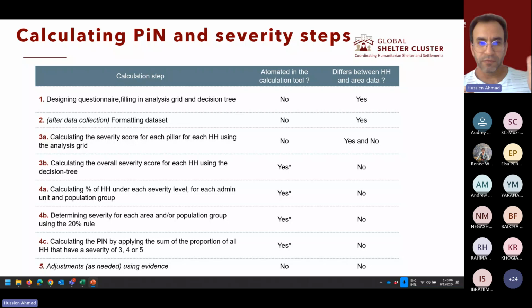Basically, we have a few steps to do the SSC. If we look at them from 1 to 5: design your questionnaire, filling the analysis grid and the decision tree. Is it automated in the calculation tool?